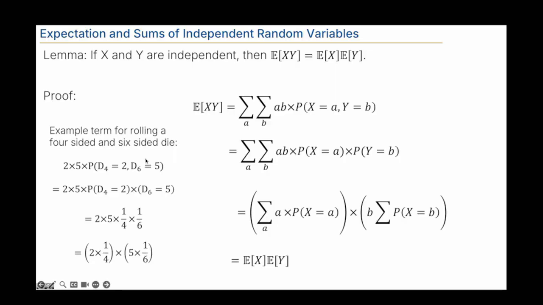Because the die rolls are independent, we can separate these out into 2 separate probabilities, one for the 4-sided die and the other for the 6-sided die. At that point, I have 2 times 5 times 1/4 times 1/6, and then I'm just bringing together the 2 and the 1/4, and the 5 and the 1/6, and then repeating that over all the combinations. Algebra.